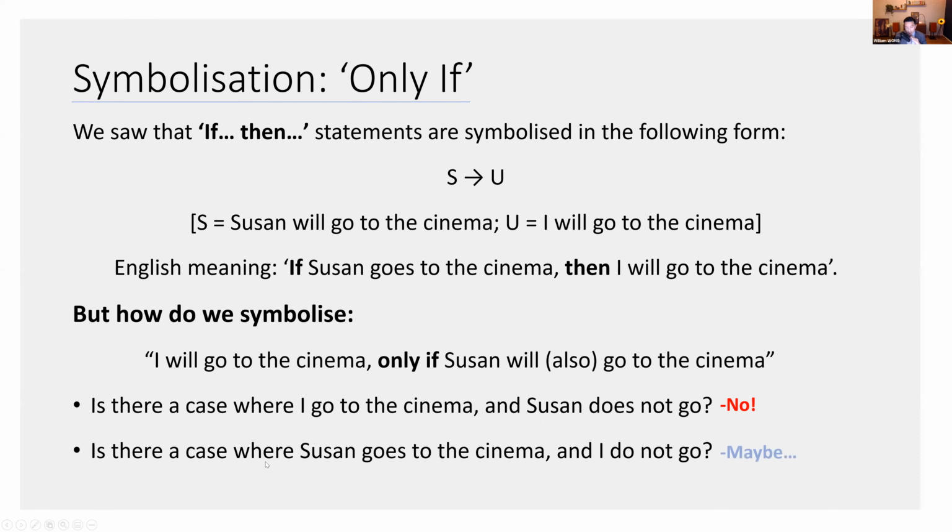In fact, it's very possible that there is a case where Susan goes and I do not go. Right? This sentence does not entail anything about what happens if Susan goes and whether you go or not.